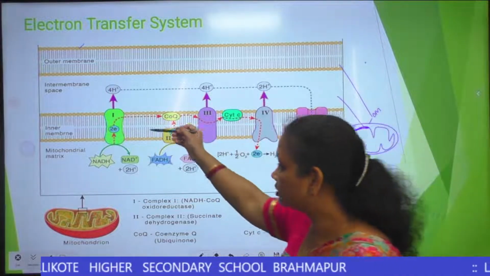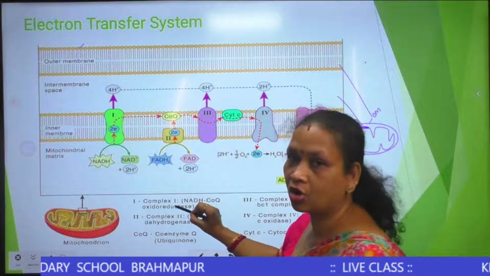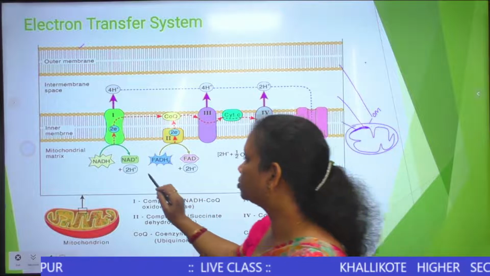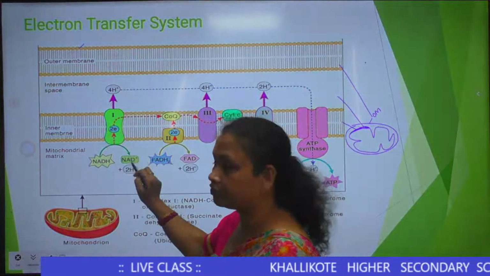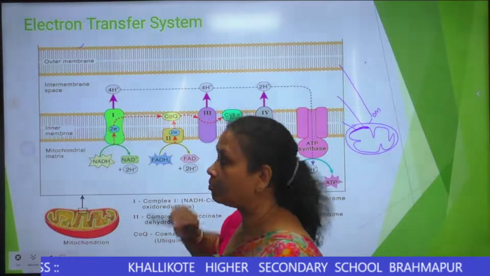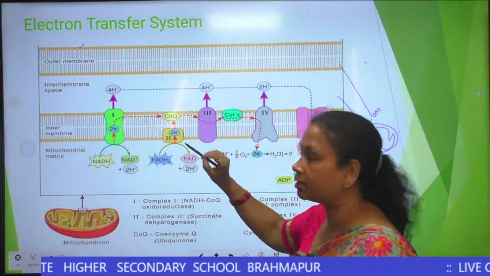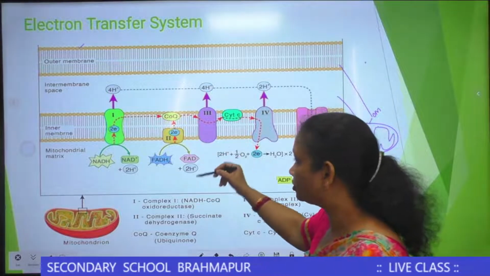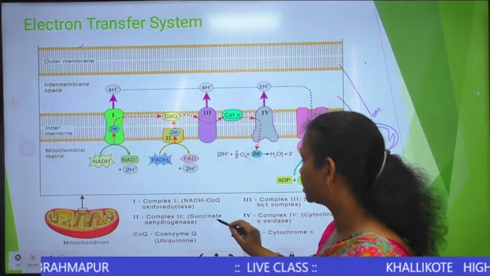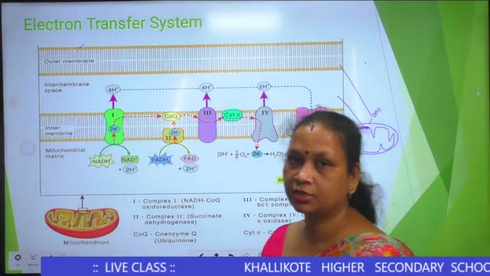This is the first complex that we talked about, NADH oxidoreductase or NADH dehydrogenase, that is going to remove hydrogen from the NADH molecule. The second complex remains embedded in the inner membrane towards the matrix side. This reaction was occurring when succinic acid got converted into fumaric acid, or succinate to fumarate.